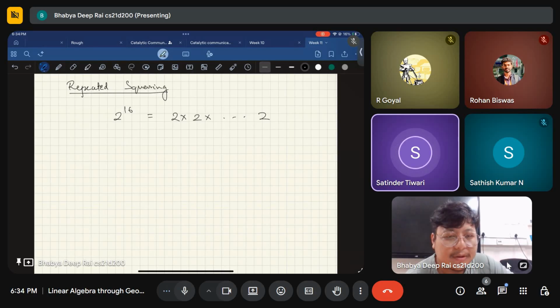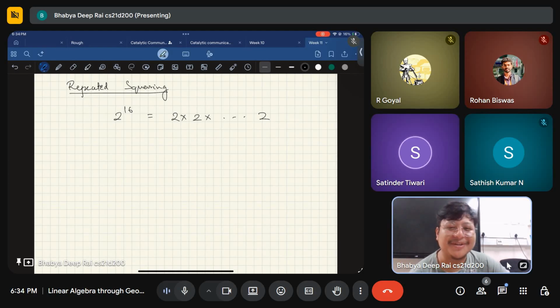Then 15 is odd, so one is the remainder, and we want 2 power 7, and we do squaring and multiply by 2. That was explained by Bhaskaracharya. Oh, okay, that's nice. I did not know that this came from Vedic math.